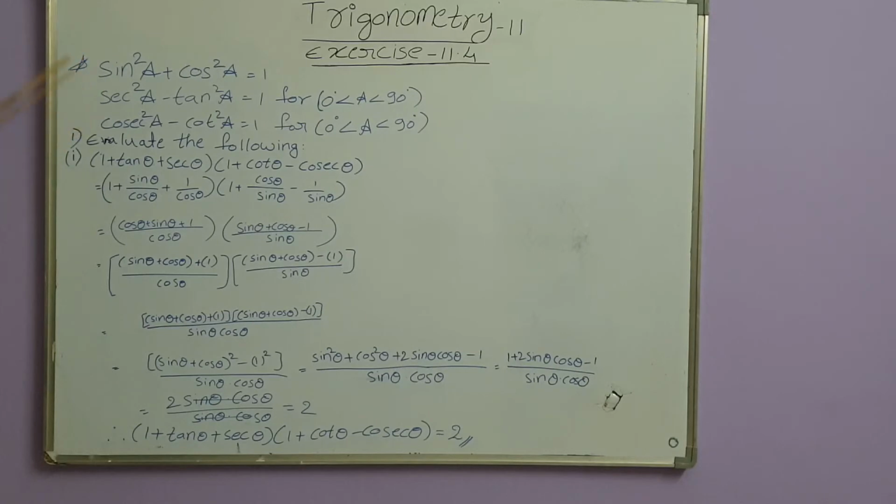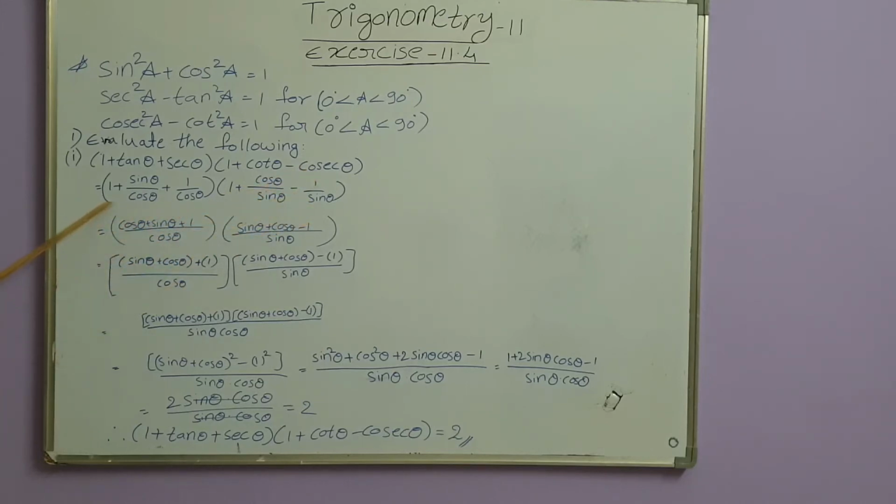Remember these three formulas. In this exercise 4, first question, evaluate the following: 1 plus tan theta plus sec theta into 1 plus cot theta minus cosec theta. Write tan as sin theta by cos theta, and secant theta as 1 by cos theta, and cot theta is cos theta by sin theta and cosec theta is 1 by sin theta.